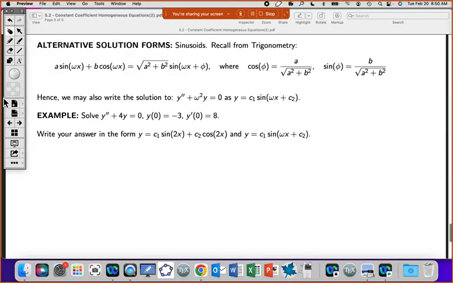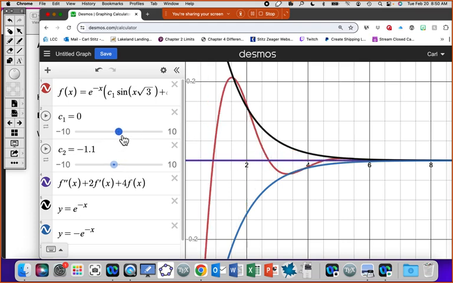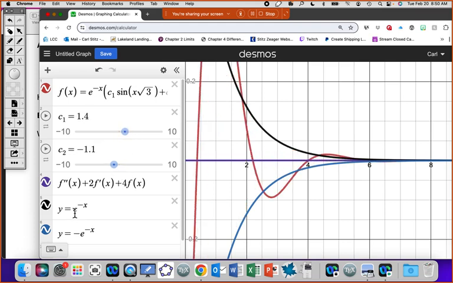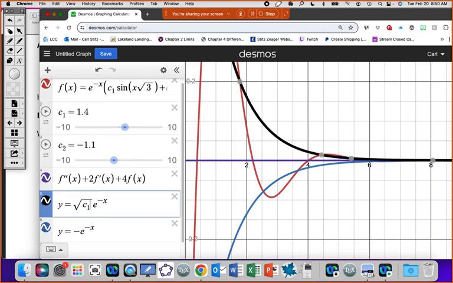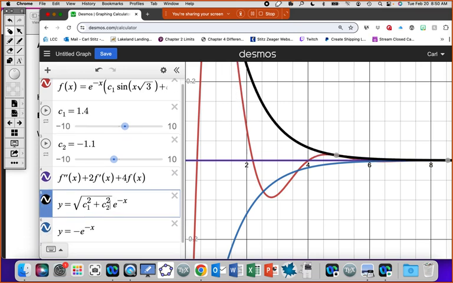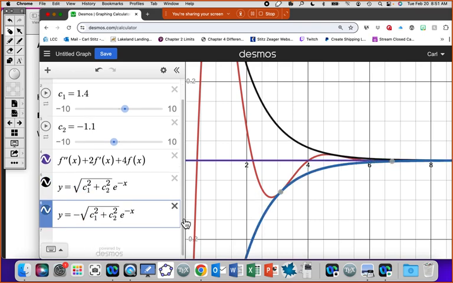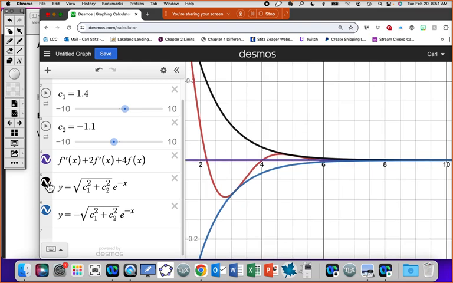So we should be able to do this here. So here's our exponentials. So we should be able to put on here the square root of c1 squared plus c2 squared.